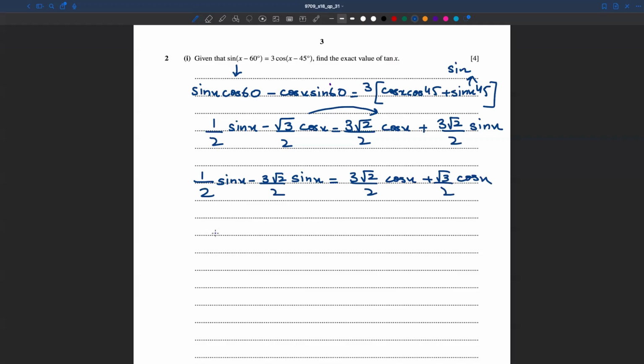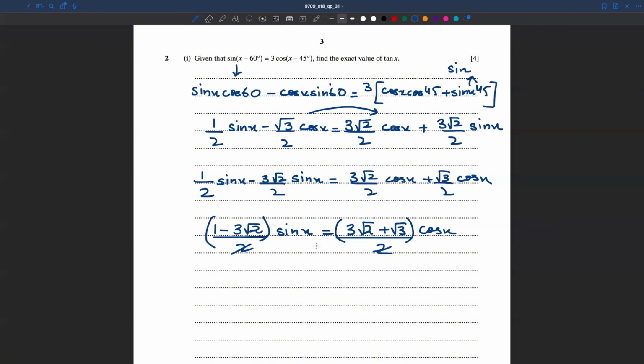Adding them up, this will become (1 minus 3 root 2) upon 2 sin x is equal to (3 root 2 plus root 3) upon 2 cos x. The 2 and 2 cancel.